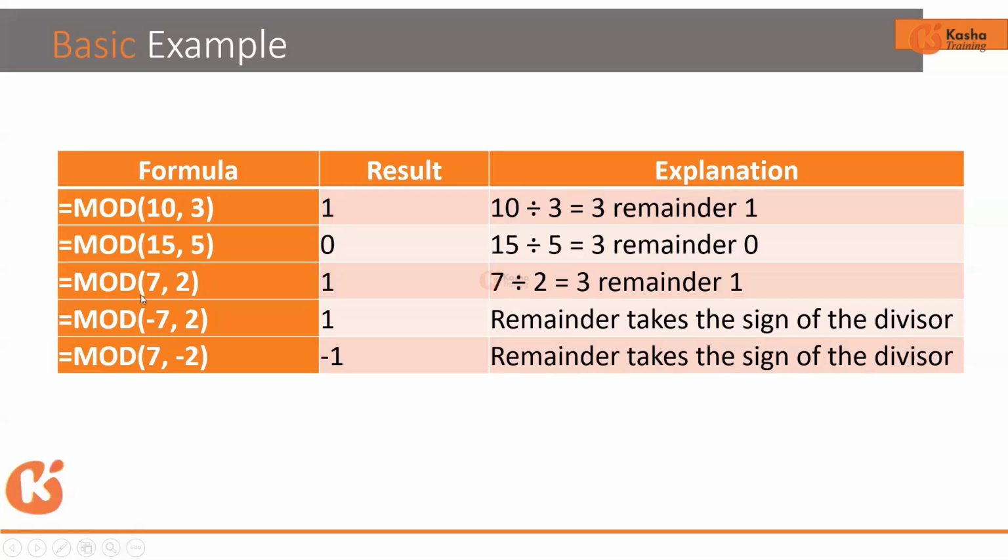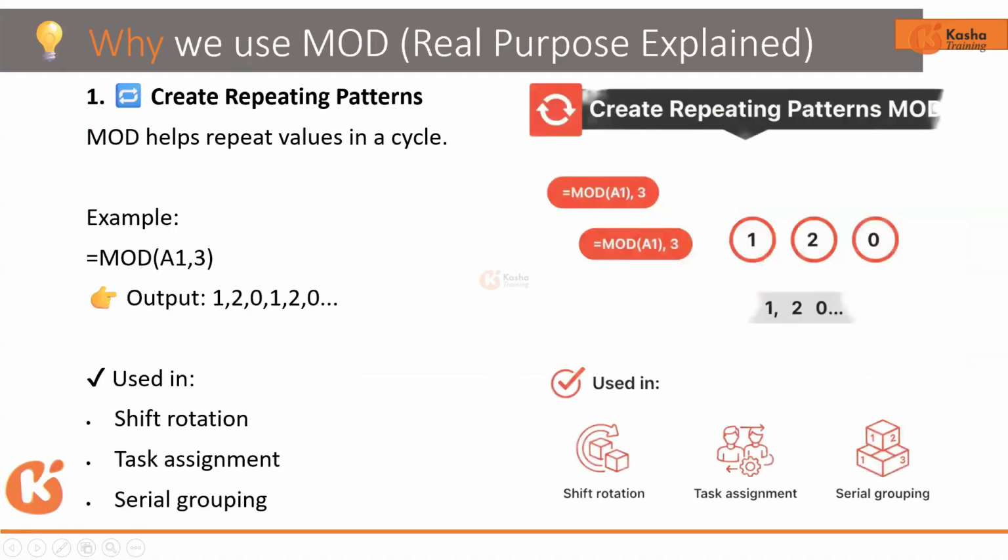Then you have another example, which is 7 divided by 2. Now 7 divided by 2, the remainder is 1, so the result is also 1. Now minus 7 divided by 2, the result is coming as 1. And 7 divided by minus 2, it is coming as minus 1. So this is your MOD function.